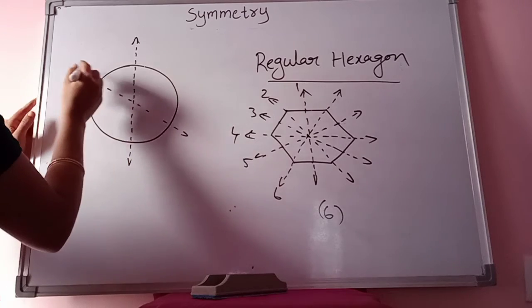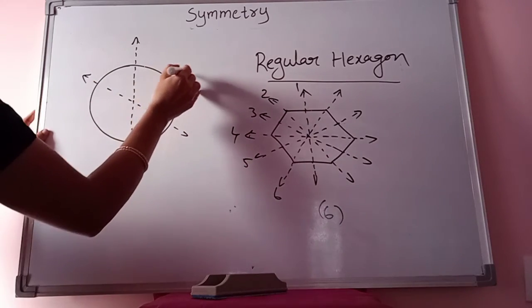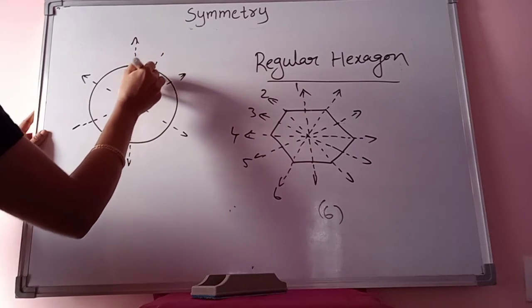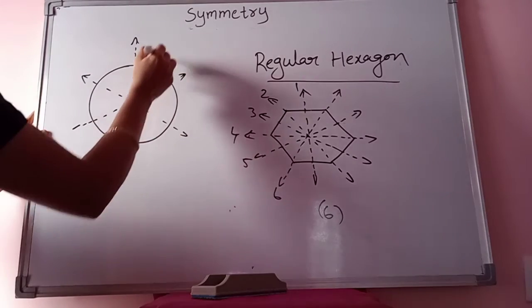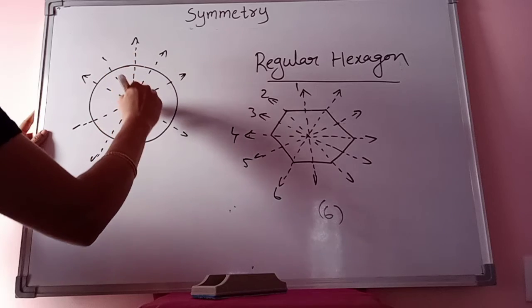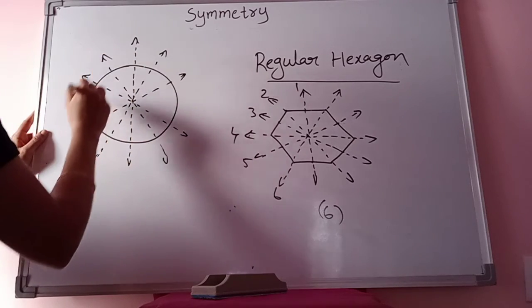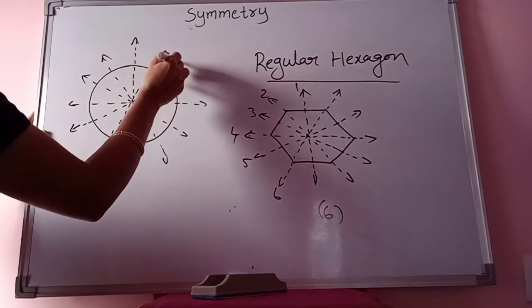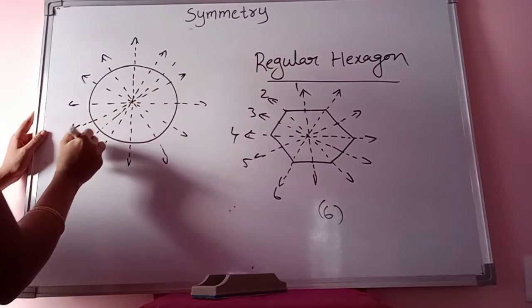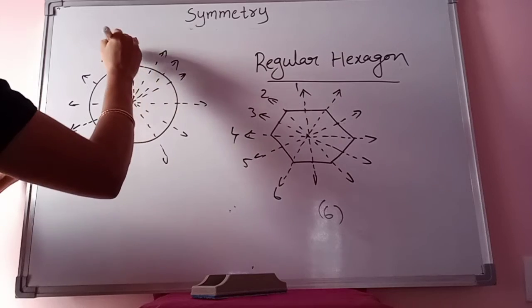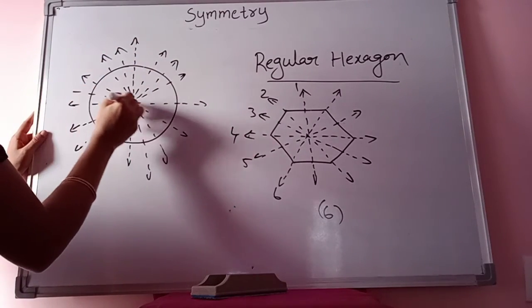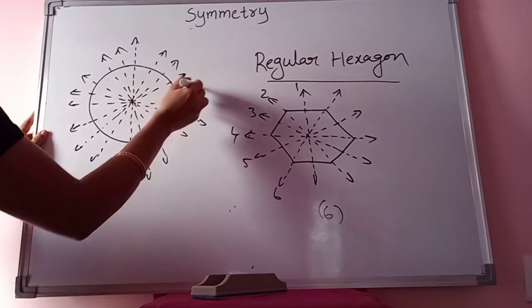Similarly, if I fold along this line also, they'll match in that way. We can draw infinite lines of symmetry to a circle. These are all lines of symmetry. We cannot count, there are many. This is a line, that is why we should keep arrow marks on either side. Children, these are all lines of symmetry.